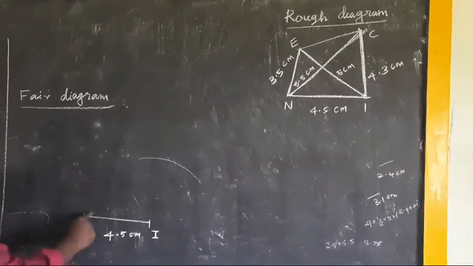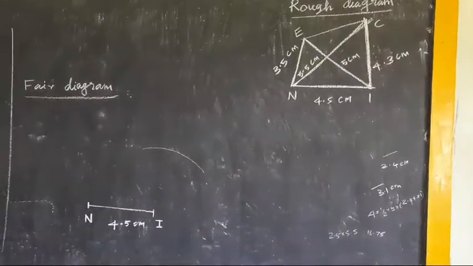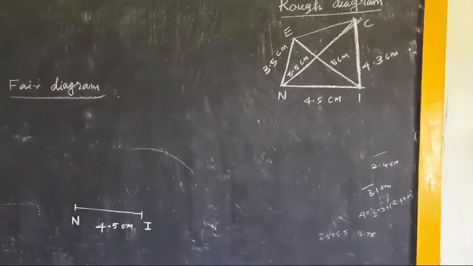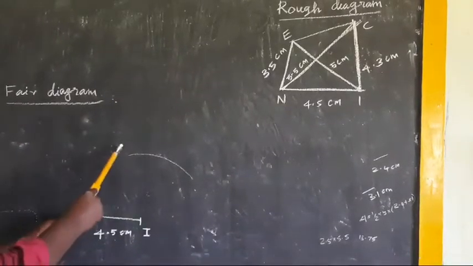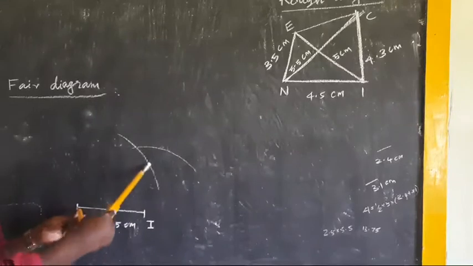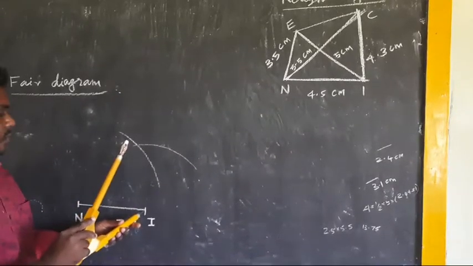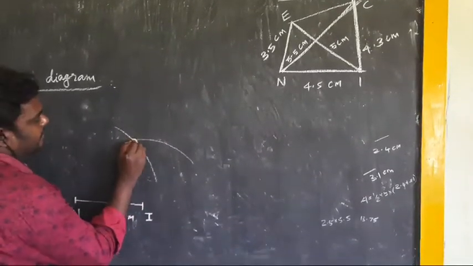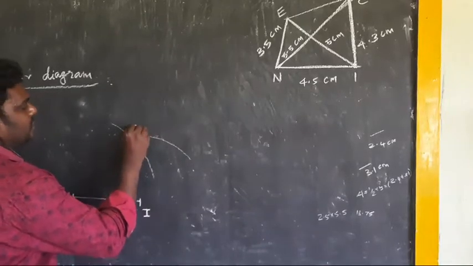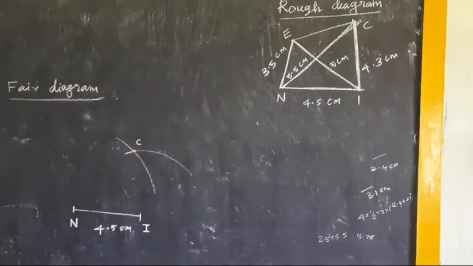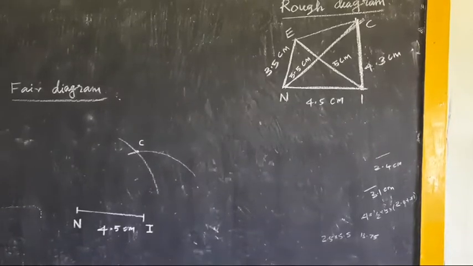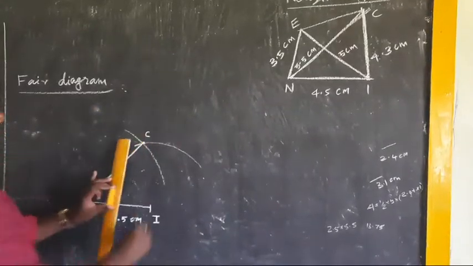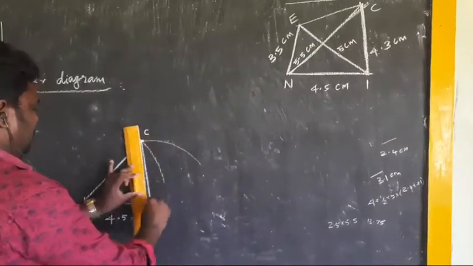Next step, we take the NC measurement, 5.5 centimeter, from N. The two curves intersect at a point, and we give it the name C. Next we join NC and IC with the scale.